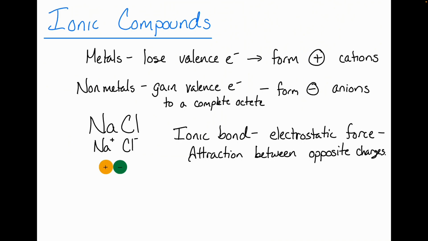Okay? Importantly, what makes ionic compounds a little bit more simple than covalent compounds, which we'll discuss afterwards, is that ionic compounds are always solids at room temperature. And in fact, in order to melt an ionic compound, you have to get ridiculously high temperatures.